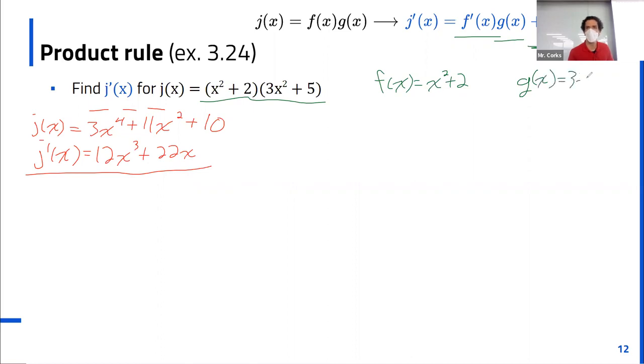Okay, it's the other of the two things being multiplied together. All right, and then our derivatives, we'll need those as well. So our derivative of f here is 2x, and our derivative of g would be 6x. So those are the 4 different parts we're going to need to put into our product rule here.